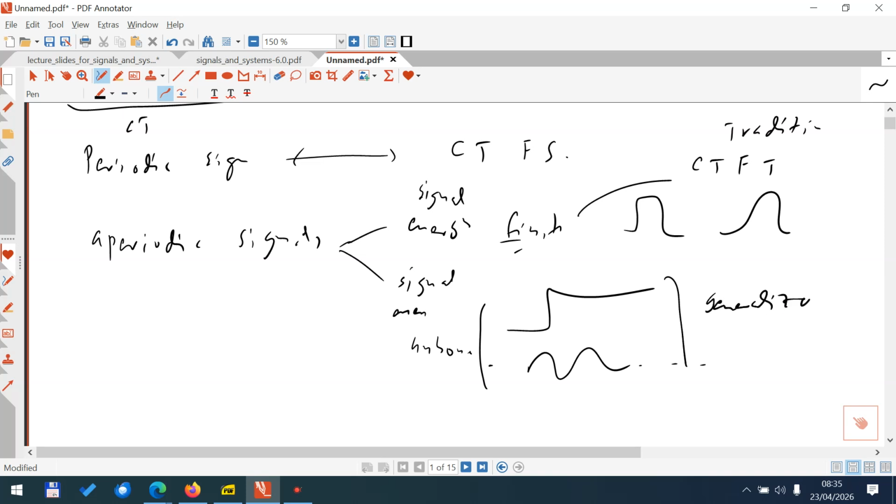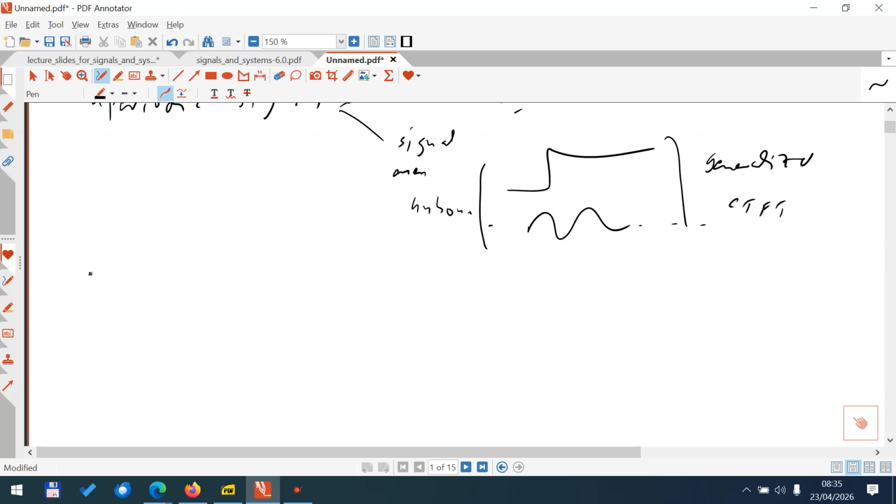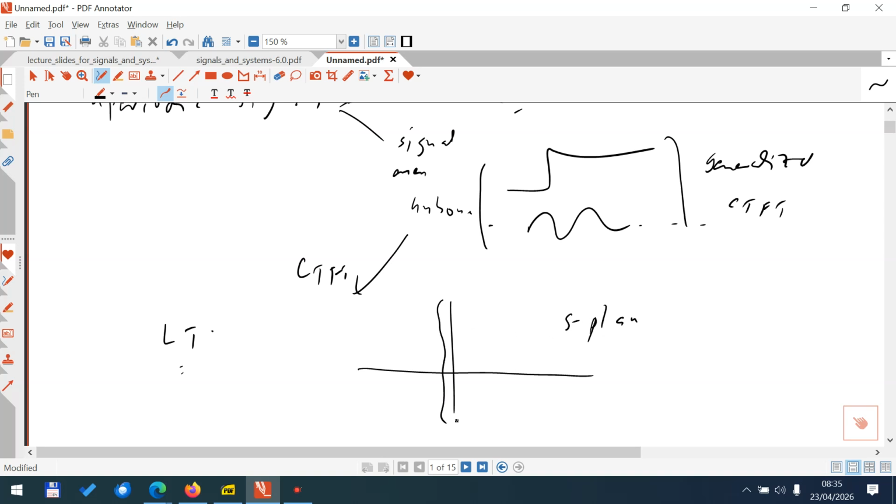So we developed the generalized continuous time Fourier transform, and when we simply say CTFT, we mean both traditional and generalized. Then we moved on to the Laplace transform, which was built on top of the CTFT.